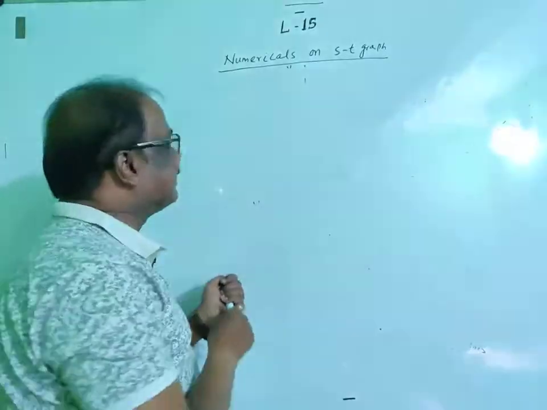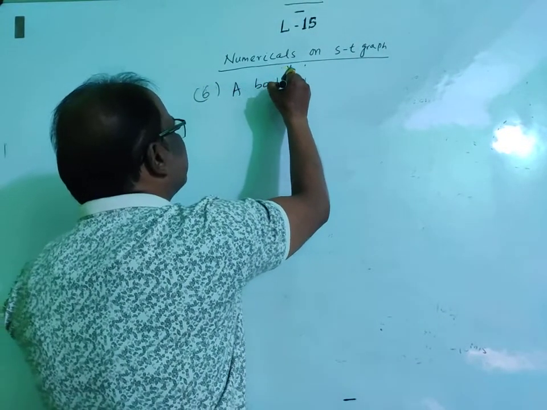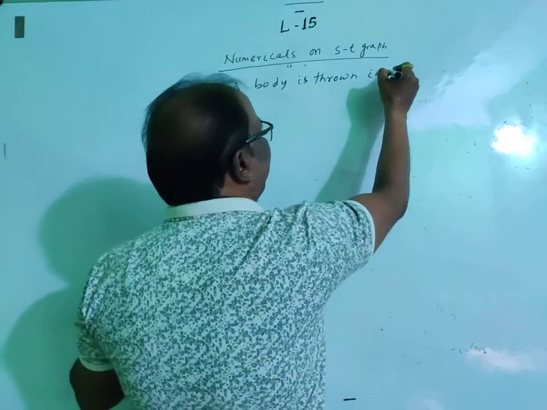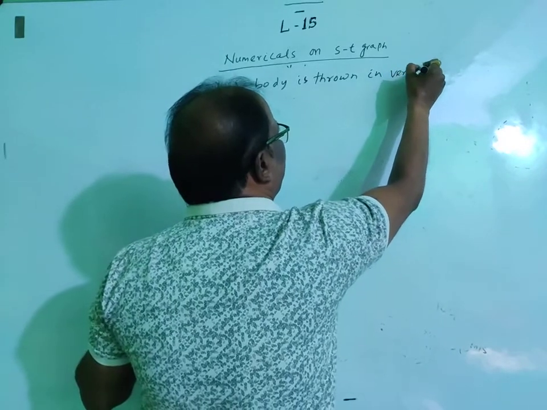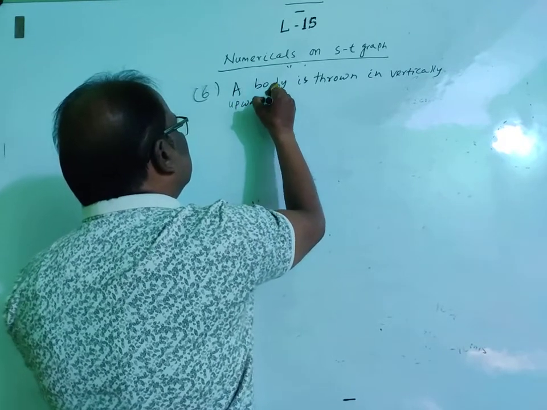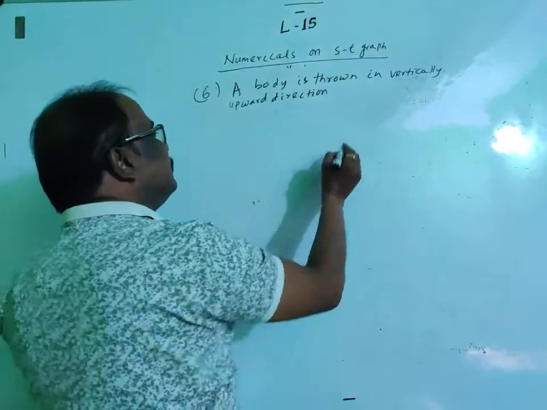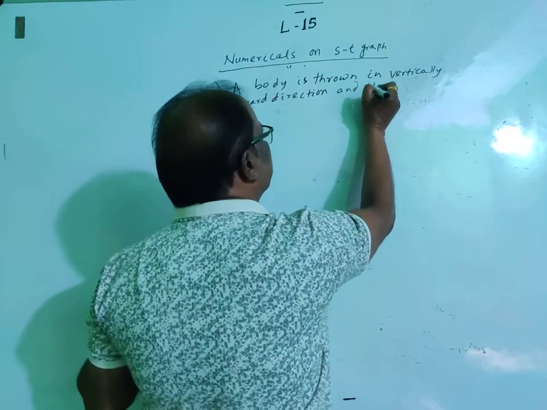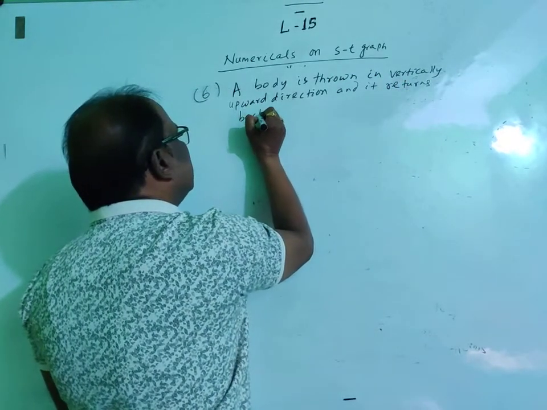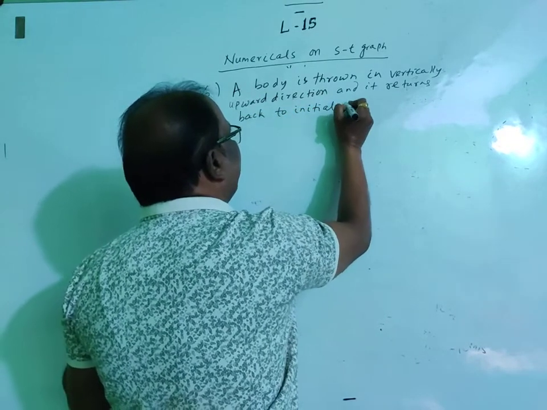Question number 6. Suppose it is given that a body is thrown in vertically upward direction and it returns back to the initial position.